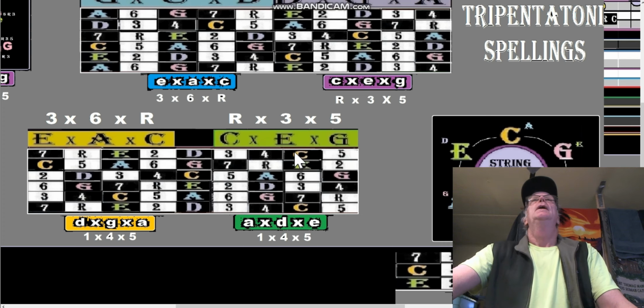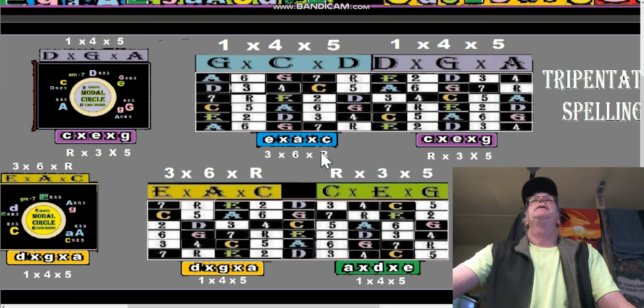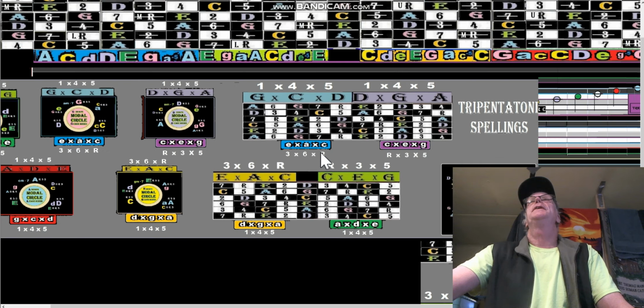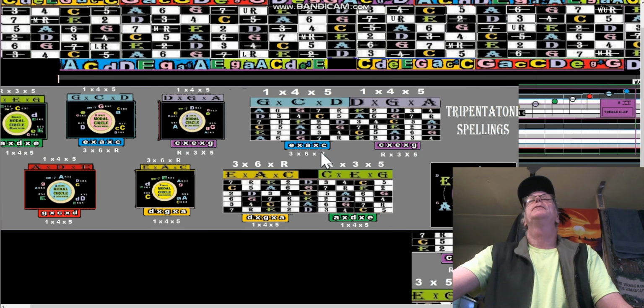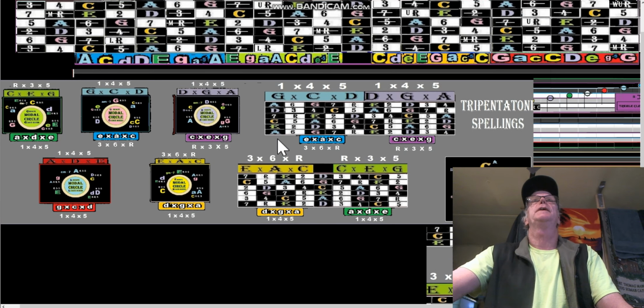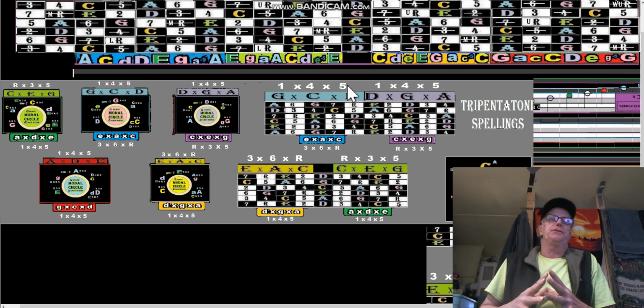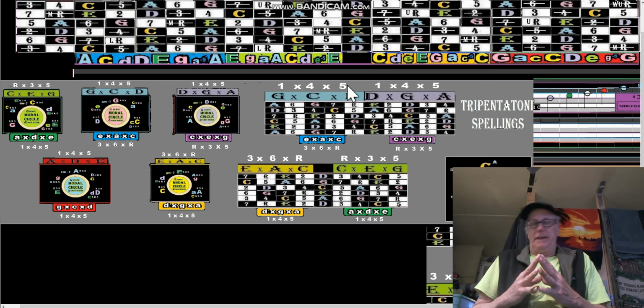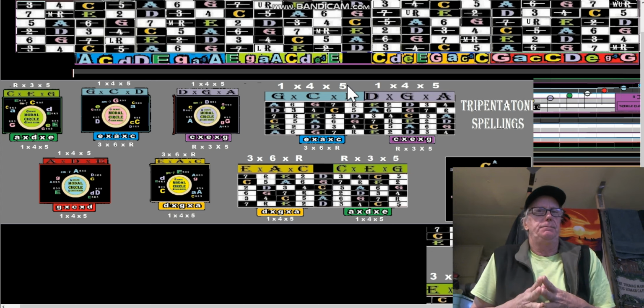So that's just a little bit of information on the previous chart, which is a couple of charts before today's chart. Okay, and again, the 1, 4, 5 isn't entirely necessary, because if we go by the CAGED system, you say the CAGED system, you don't say the 1, 2, 3, 5, 6 system.